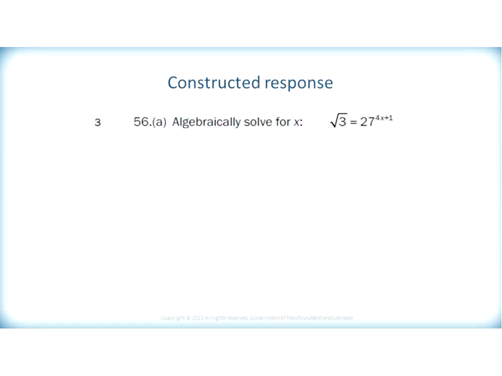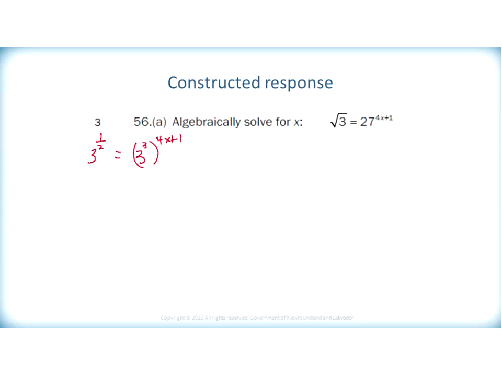So here we have algebraically solve for x. This is, with previous public exams, a common constructed response item. Recall that when we're dealing with radicals, it means fractional exponents. So we have 3 to the power of 1/2 is equal to 3 to the power of 3, which is 27, to the 4x plus 1.